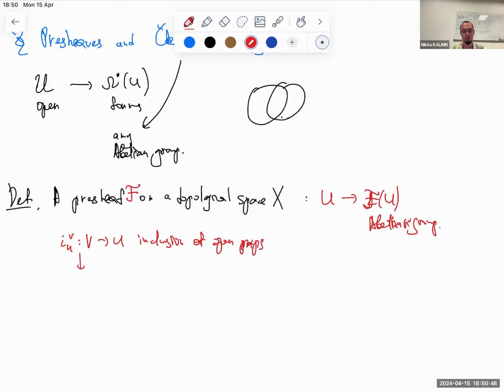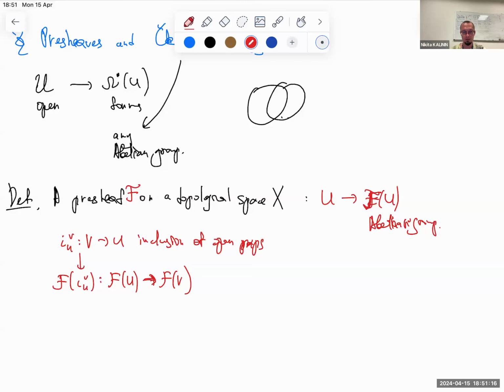So it gives us a map, a restriction, right? There should be some map f of i_UV, which is a map from the abelian group associated to U to the abelian group associated to V. Okay, so basically you have forms associated to open sets, and then we have this restriction map.